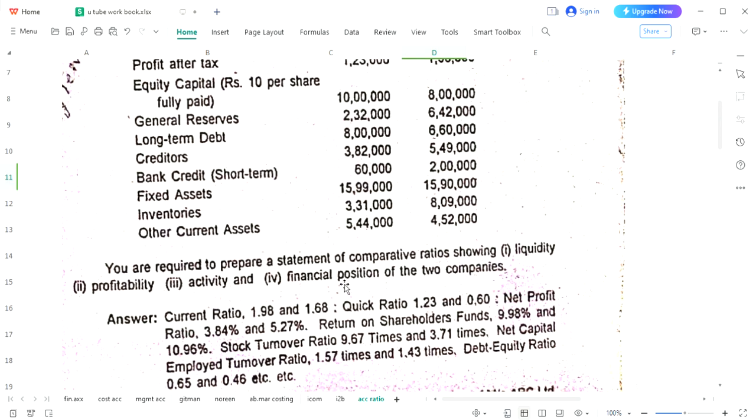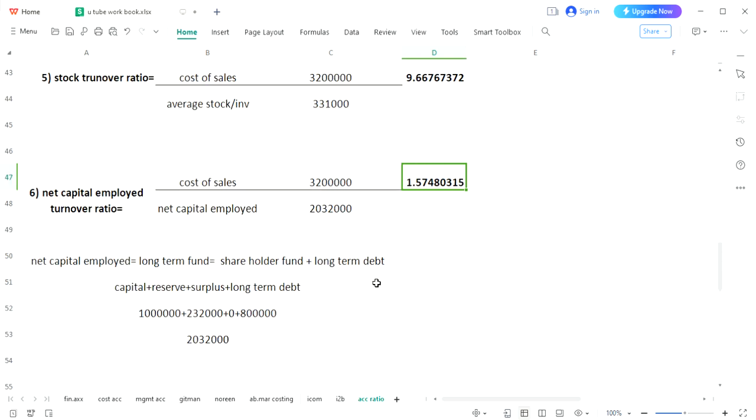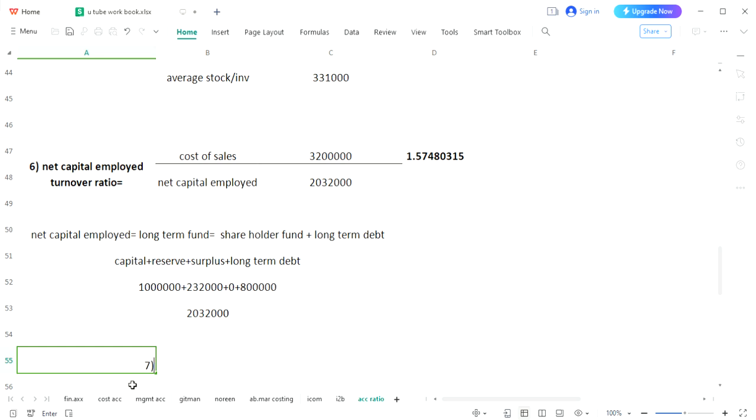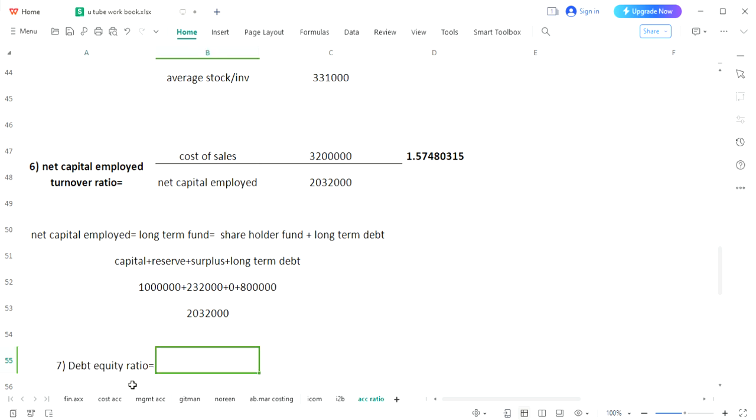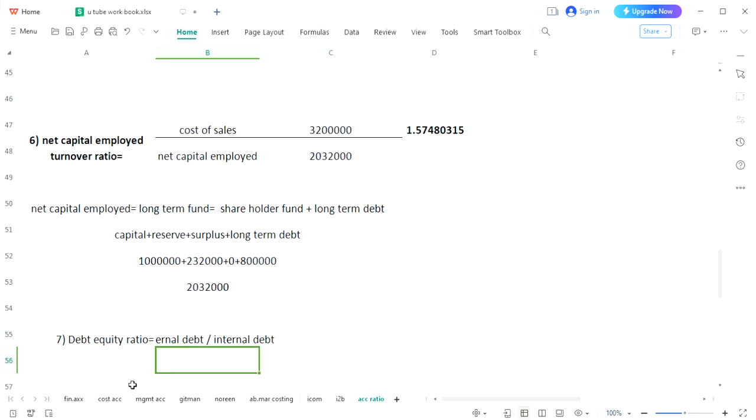Last is financial position, which is calculated by debt equity ratios. So number 7, we will calculate debt equity ratio. There are three formulas for debt equity ratio. First is external debt, and it would be divided by internal debt.